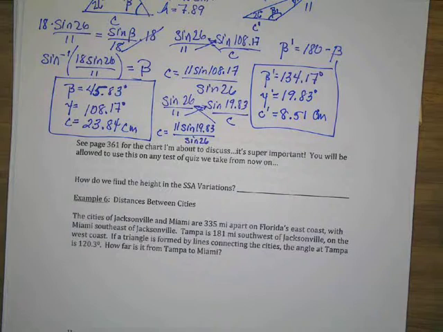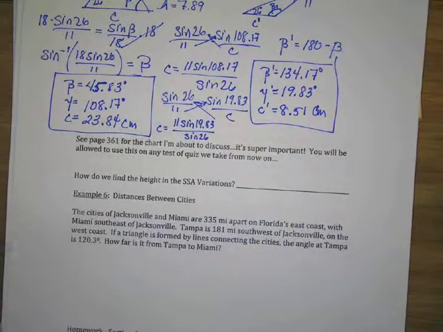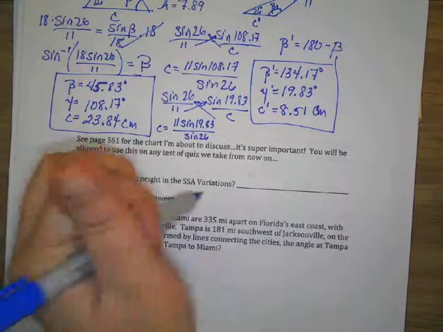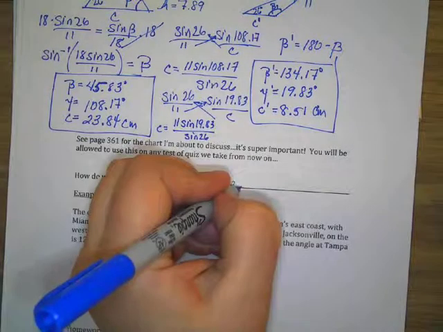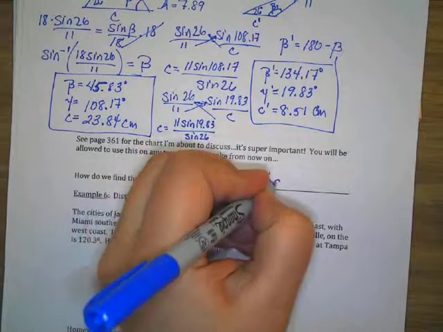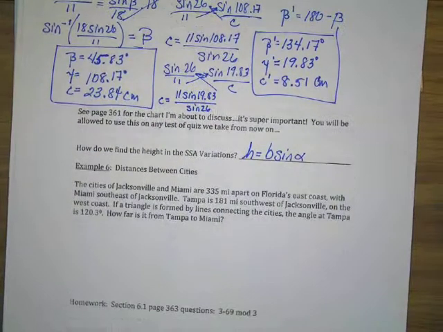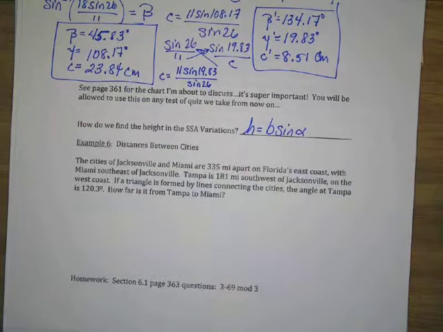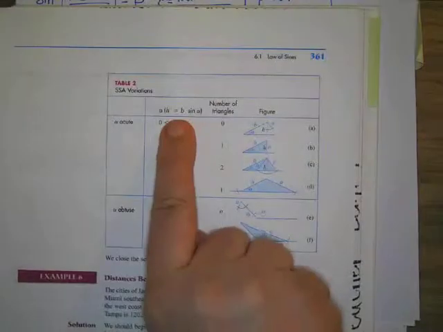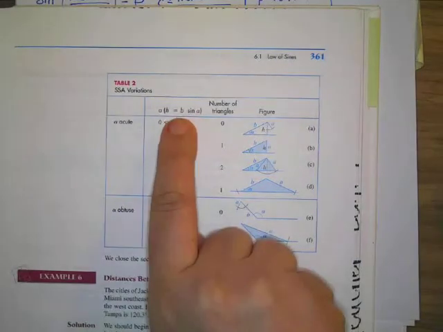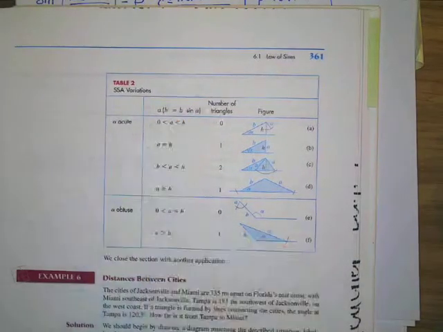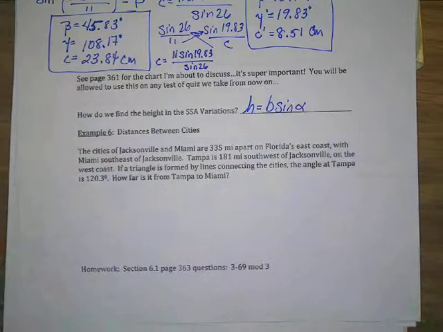How do we find the height in the ambiguous case, the SSA case? What's the equation? A equals B sine alpha. Okay. And that's also listed at the very top of that chart, it tells you what H equals. So you don't have to memorize it. It's there for you, okay?